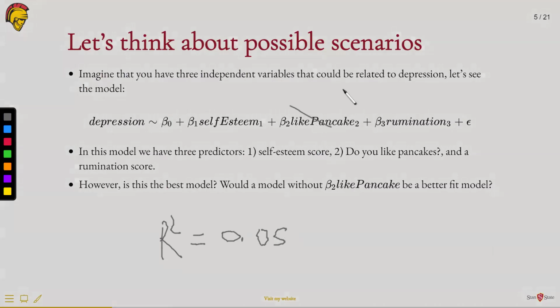But if we remove pancakes, probably the R square would be something like 0.90, very close to 1. If it gets closer to 1, it's a better model. So this R square will help us to select different models, which is nice.